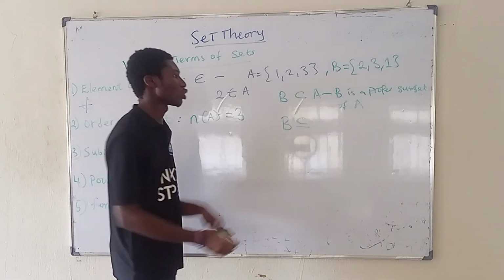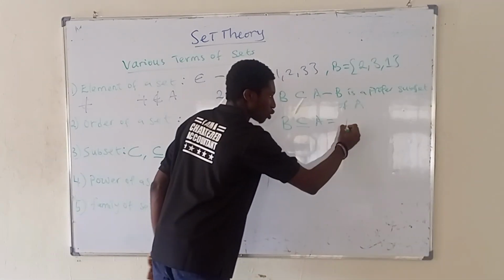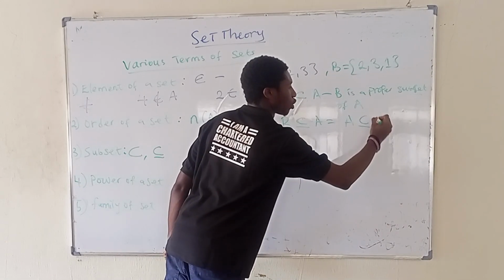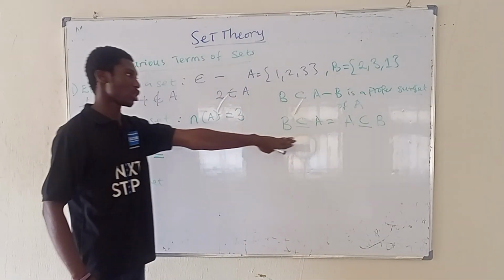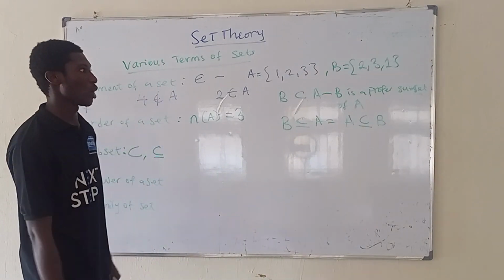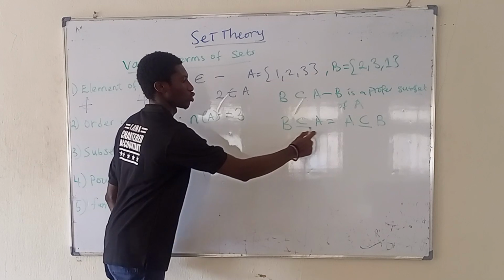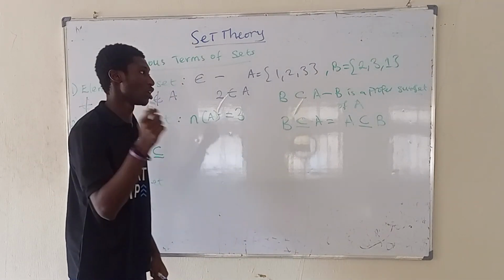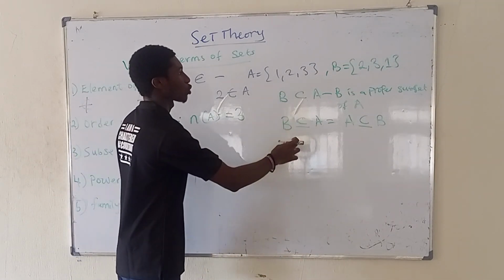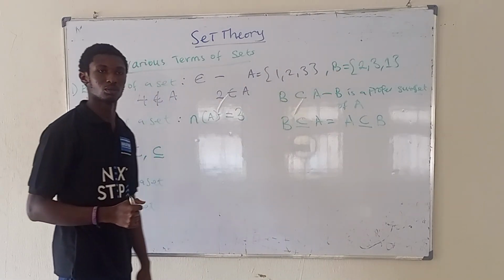So B is a subset of A. You can also write A as a subset of B. They are both the same. If you see this sign, it is telling you that they are equal. Whenever you see this, just recall that this is an equal sign. So A is a subset of A, but they are the same.